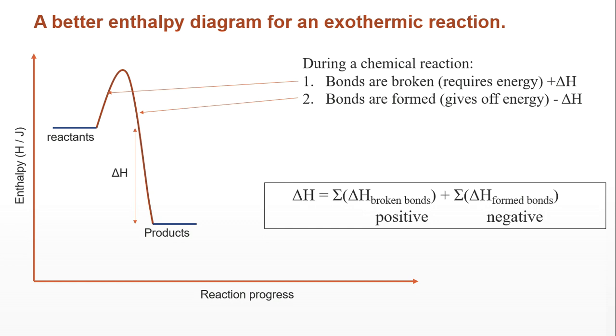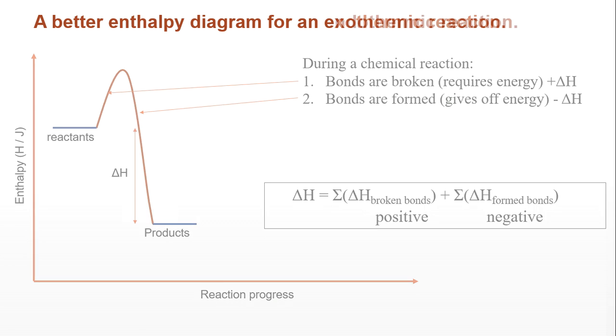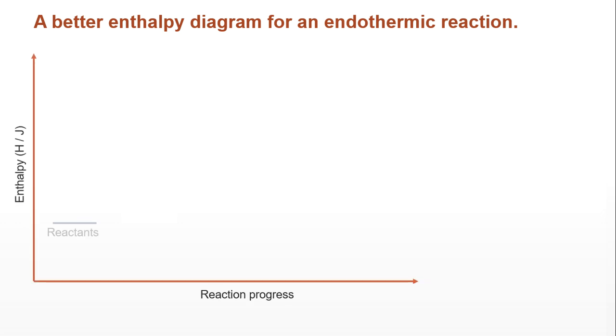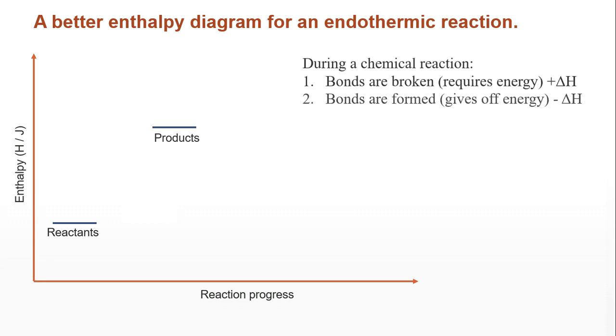Let's now look at the same thing for an endothermic reaction. You need a graph, just like the previous one, and we start with the reactants turning into products. Bonds have to be broken, and bonds have to be formed, just like the previous example.